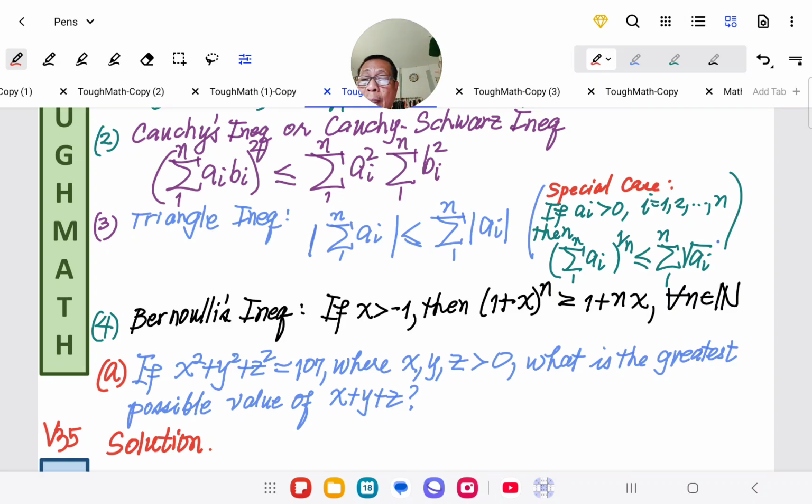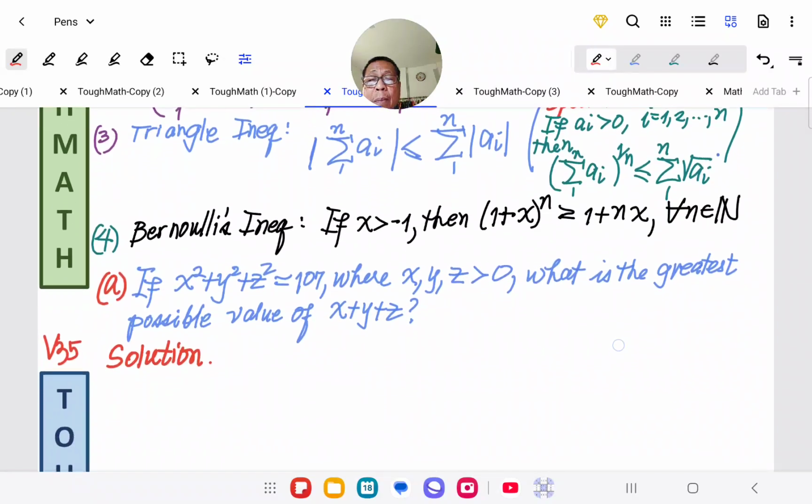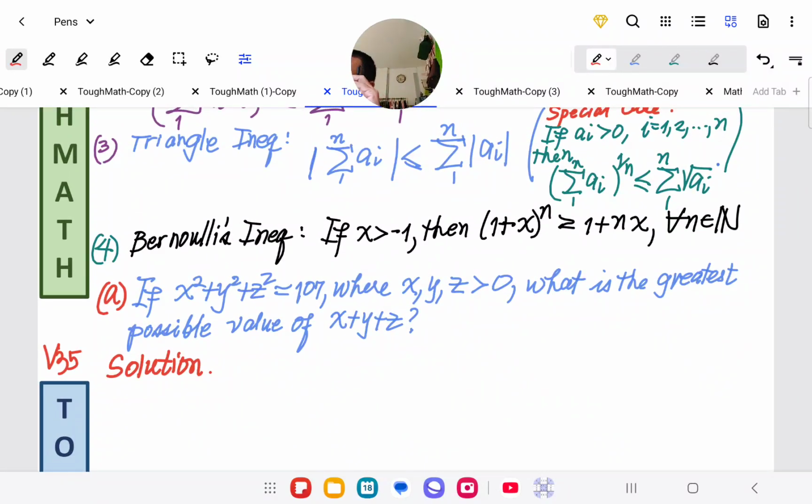So our first problem is, if x squared plus y squared plus z squared is equal to 107, where x, y, and z are positive, what is the greatest possible value of x plus y plus z?